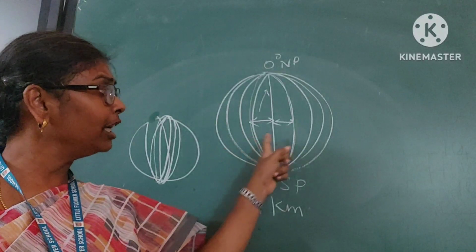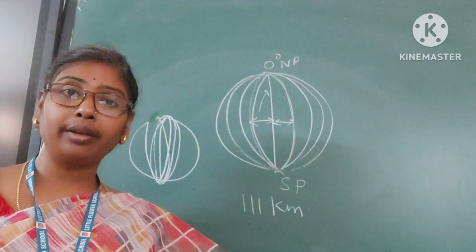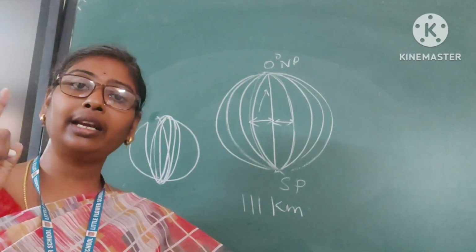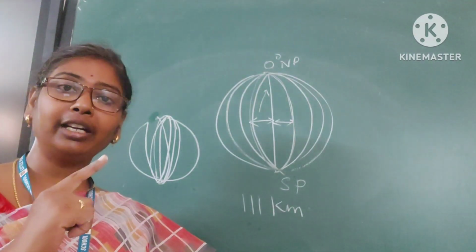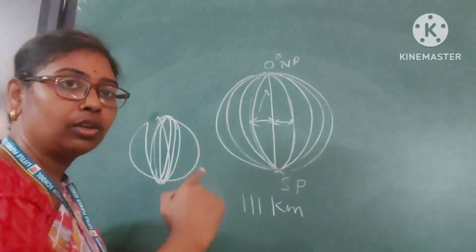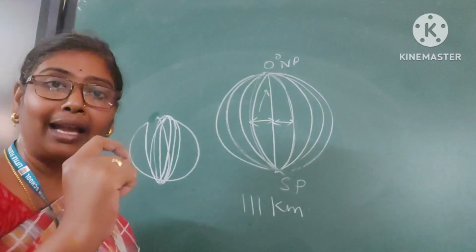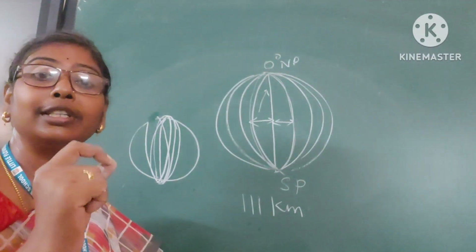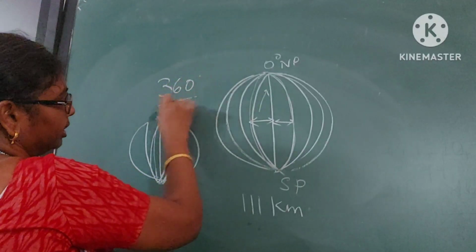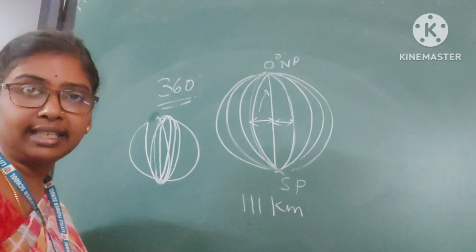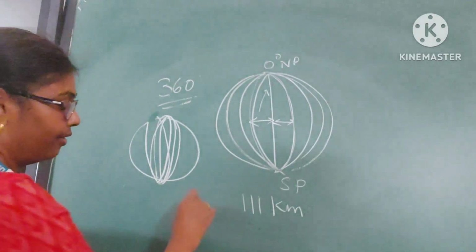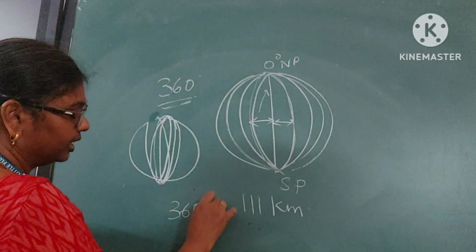And how many longitudes do we have in all? The number of latitudes we have in all is 181. But the number of longitudes is how many angles we have in a full circle, that is 360. For a full angle, we have 360 degrees.